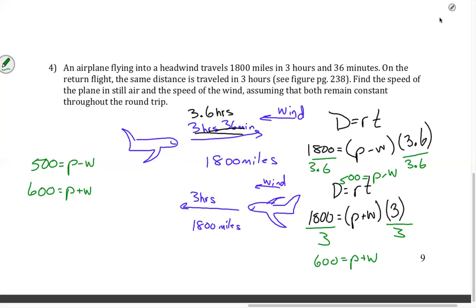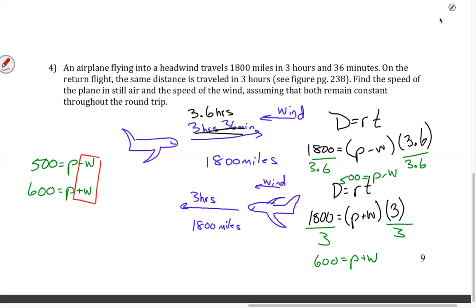Jake, what method am I going to use? You can use graphing. Wait, no, you can't. You can use elimination, because I want to get rid of the W's.